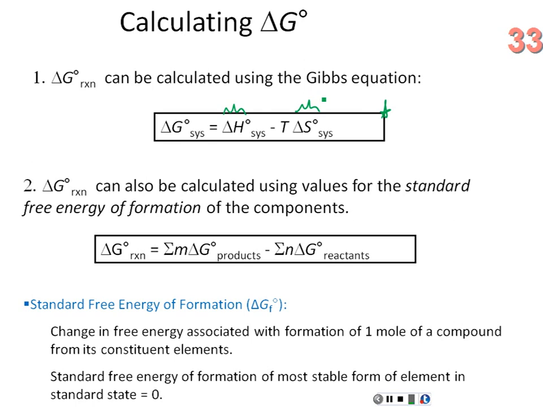So a very similar way that you can calculate the standard enthalpy change of a reaction based on the standard enthalpies of formation. And just like we calculate the standard entropy of a reaction using the standard entropies, we can use a table and just do the sum of the free energies of the products minus the sum of the free energies of the reactants.